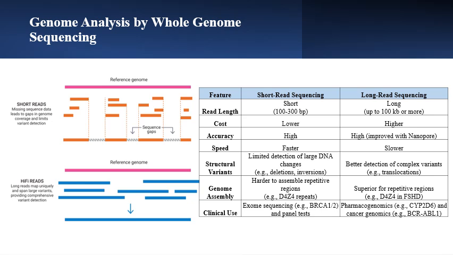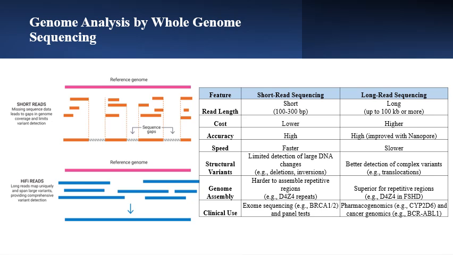Now, this reduces gaps and allows for more comprehensive variant detection, making it especially useful for detecting large or complex genomic changes. Please have a look at the table at a later stage and see how the two techniques differ.